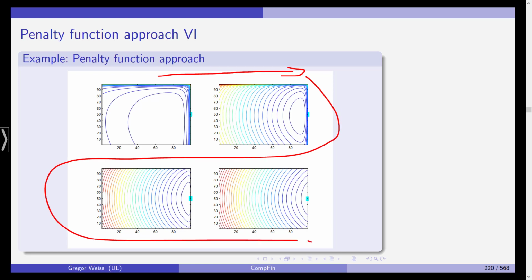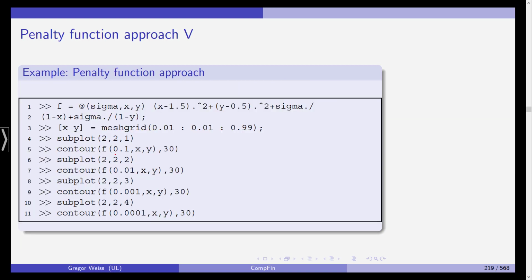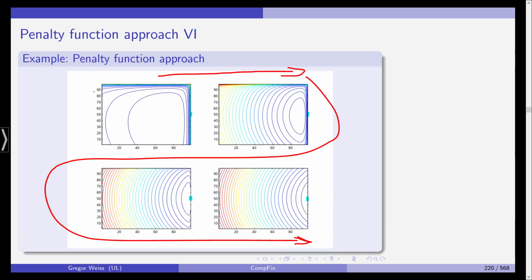And as you can see, if we start out with a very high parameter, the constraints are not violated too much. And for example, we would be here, and this would be our optimal. Then in the next step, we would be here.